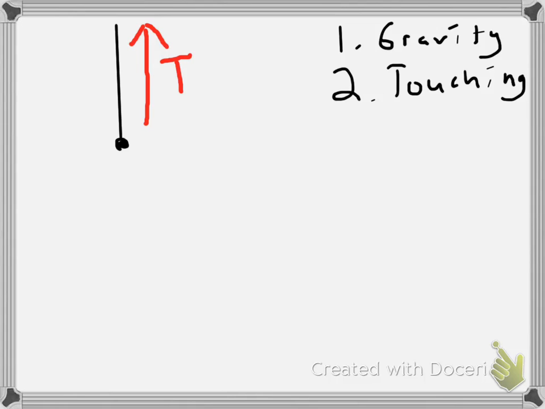And the clue is given in the problem where it said that the mass hangs without moving. Now if you think back to Newton's second law, the sum of the forces equals mass times acceleration.